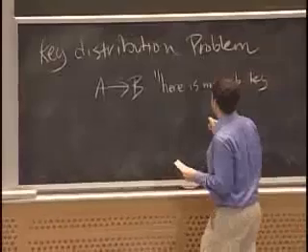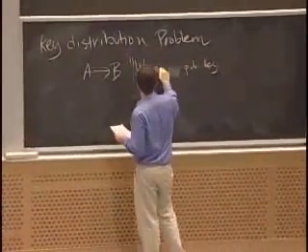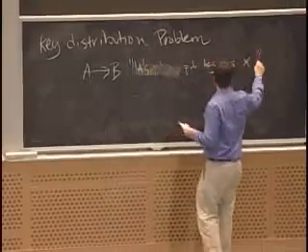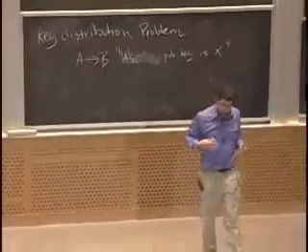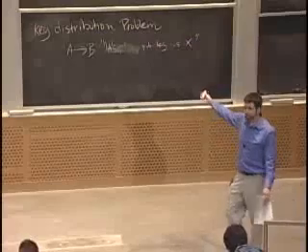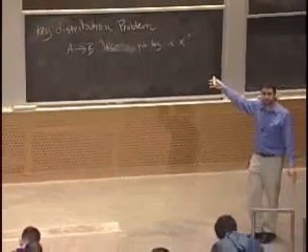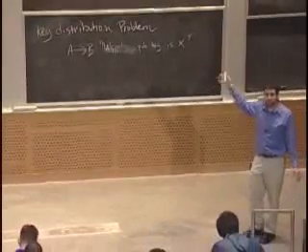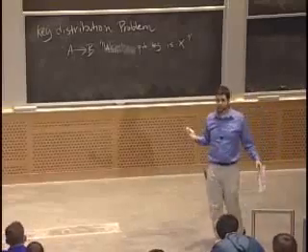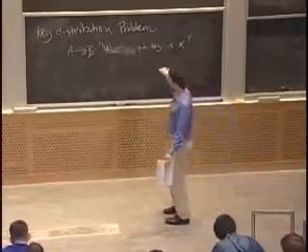Or better yet, A's public key is X. But this isn't a very good approach, because how does B actually know that this was Alice who sent this message? This could have been some Lucifer who said, by the way, Alice's key is this, and now B thinks that Alice's key is in fact Lucifer's key, and now Lucifer can decode any message that B wants to send to A.